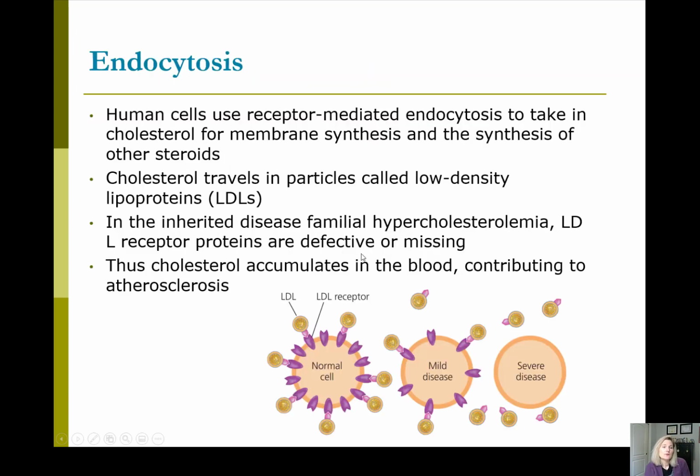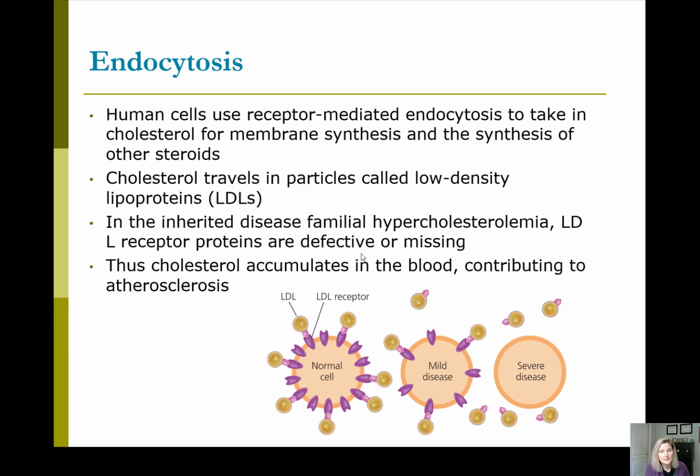Okay, so let's go into a little bit more detail of endocytosis with a human example. There are different conditions relating to how our body stores cholesterol, and there is a genetic disease called hypercholesterolemia.